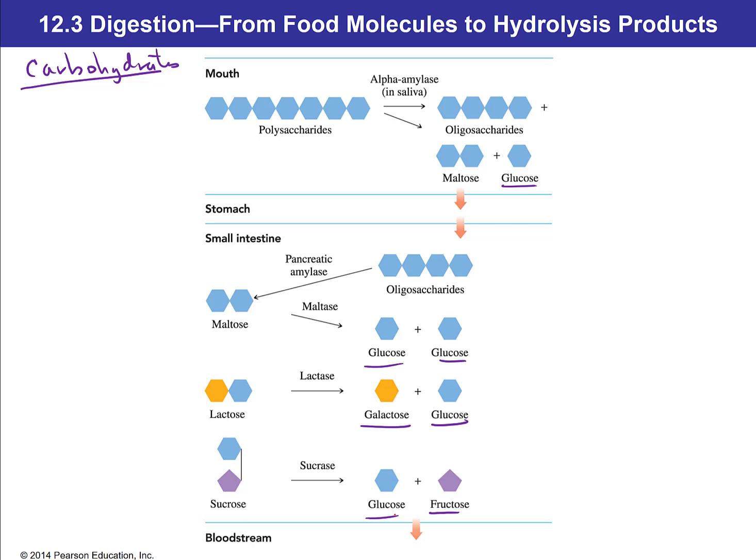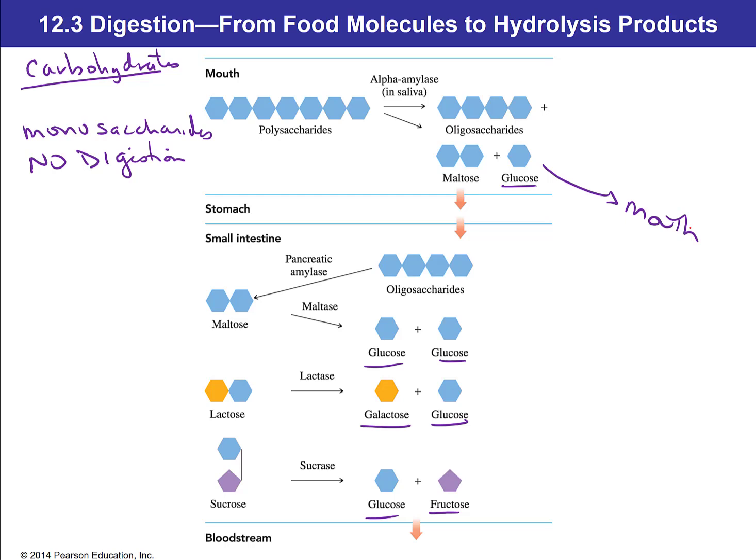They don't get digested at all. The monosaccharides, there is no digestion. They get absorbed as is. Glucose, fructose, and galactose don't require any digestion. In fact, glucose can get absorbed directly through the mucosa lining in the mouth.